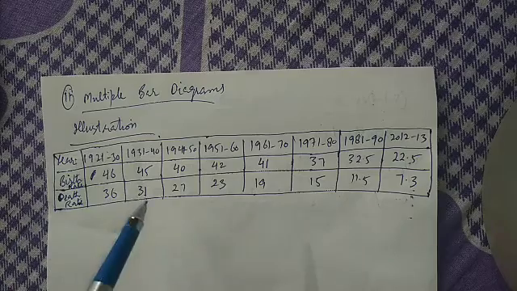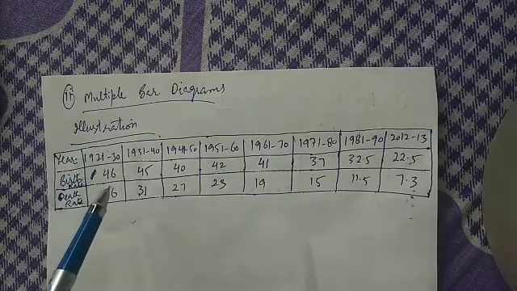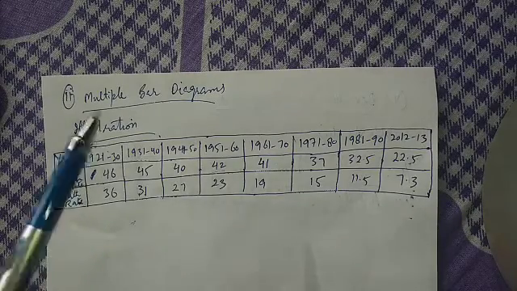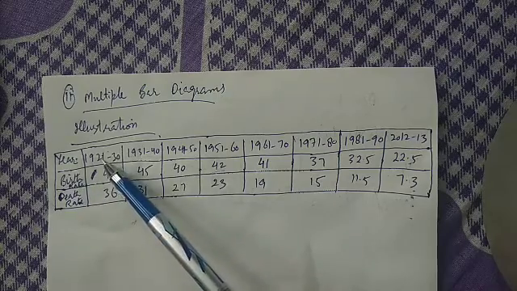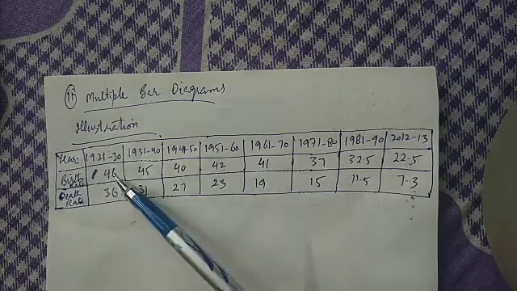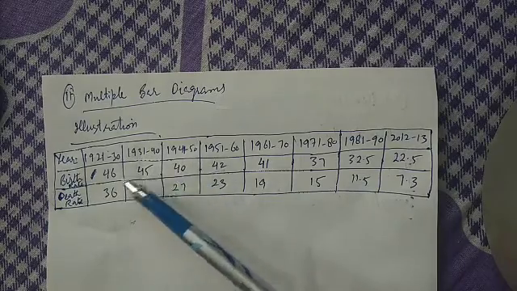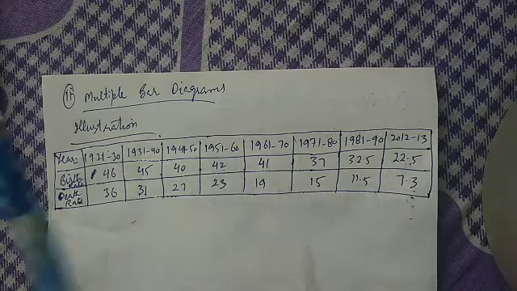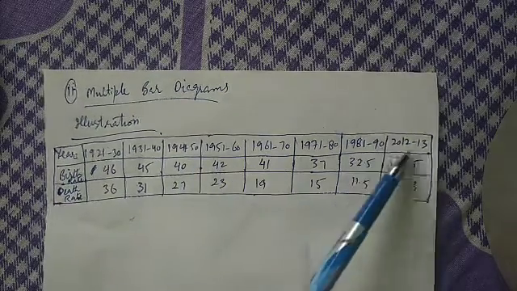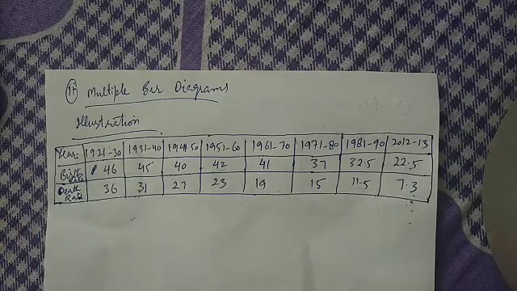Now present the data in the form of multiple bar diagrams, like the birth rate in year 1921-30 is 46 and death rate is 36. 1931-40, birth rate is 45 and death rate is 31, right? And 2012, it's 22.5 birth rate and death rate is 7.3.